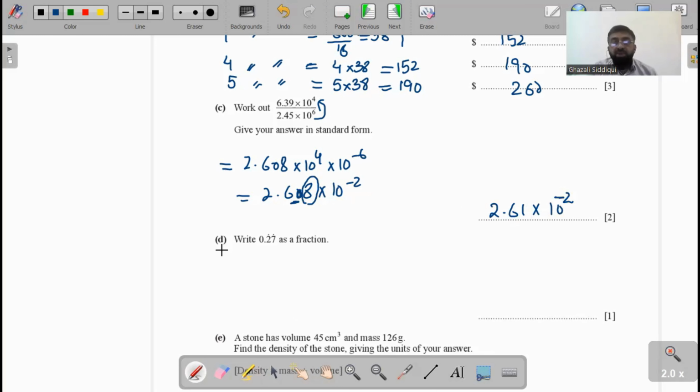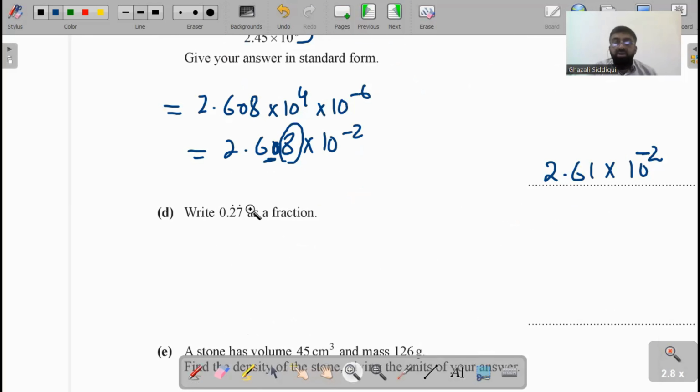Now the next part, part D. Write 0.27 recurring as a fraction. You see here, the double dot is placed over 27. The double dot shows that these digits are recurring.